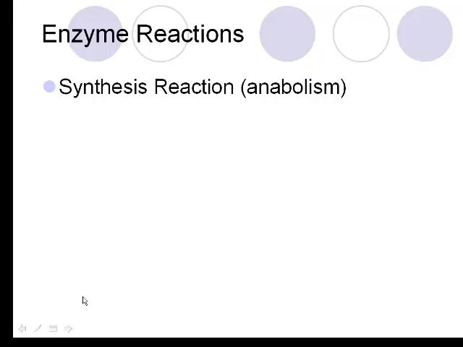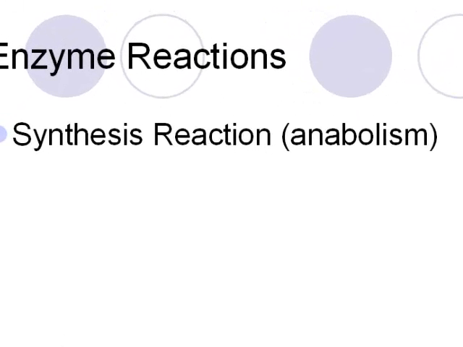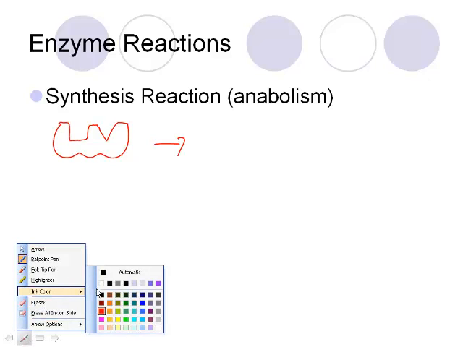Alright, so a couple reactions here. Our first one is called a synthesis reaction. So this is similar to the reaction that you just drew. So if you've already drawn it down, you don't have to do it again. So here's our enzyme. I'll make them really obvious shapes. Okay, what's going to happen is we have our color change, please.